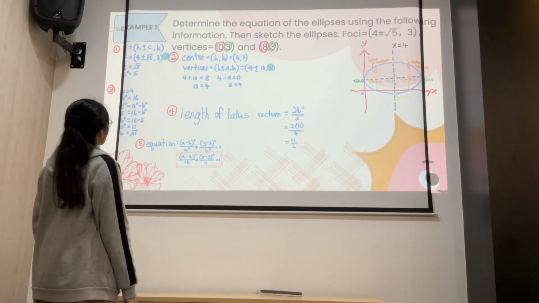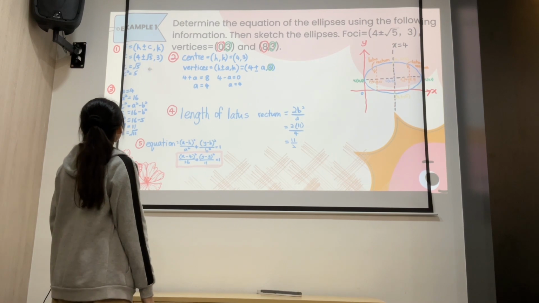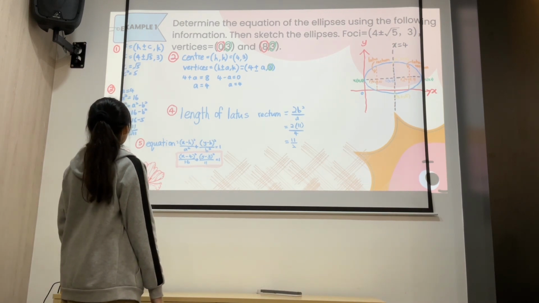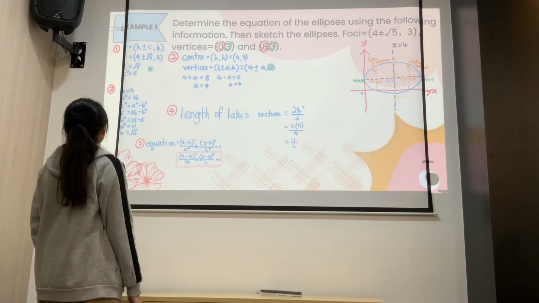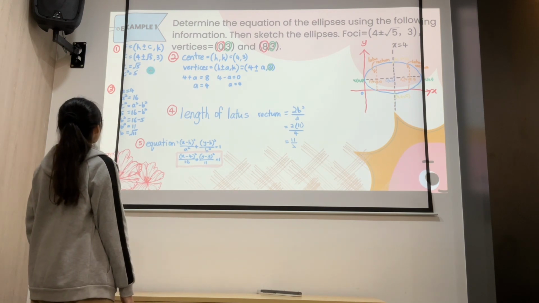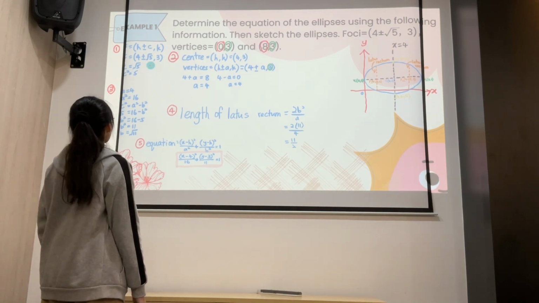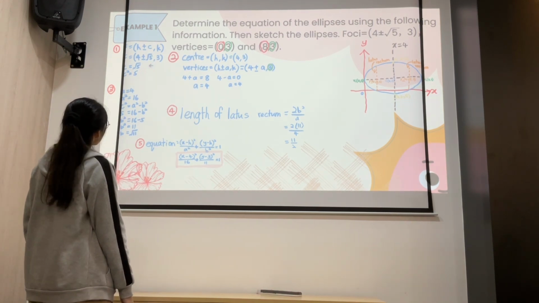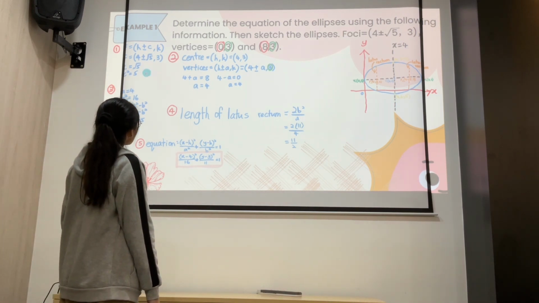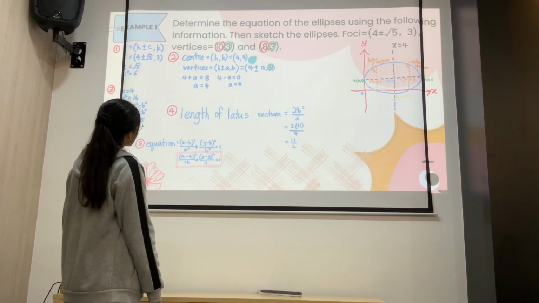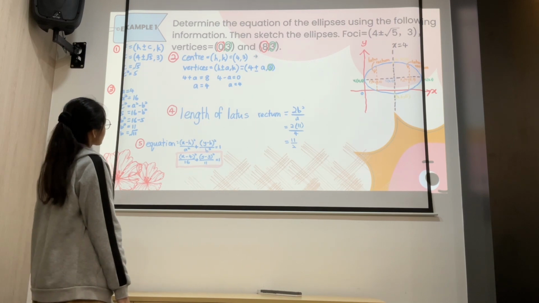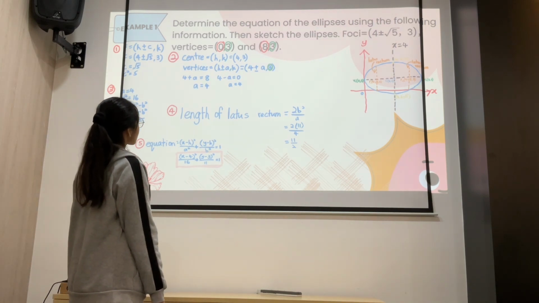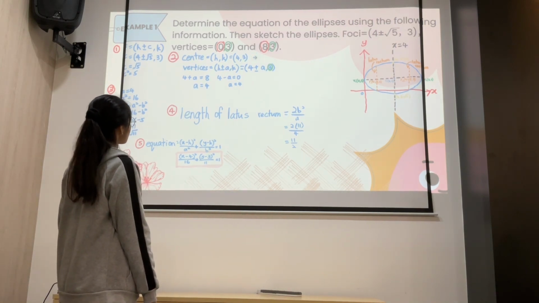So first, foci is equal to h plus minus c, k. From this formula, we know that c is equal to square root 5 and c squared is equal to 5. Then the center is equal to h, k. We substitute the values of h and k, so we get the center is equal to 4, 3.